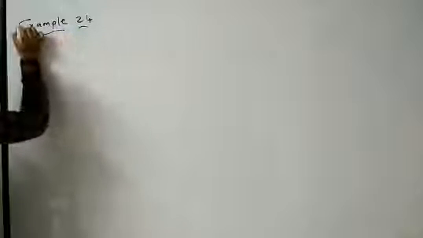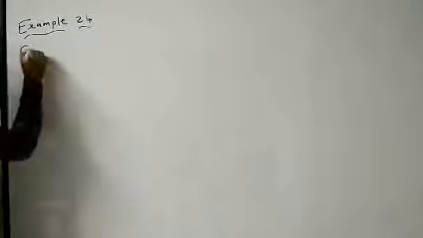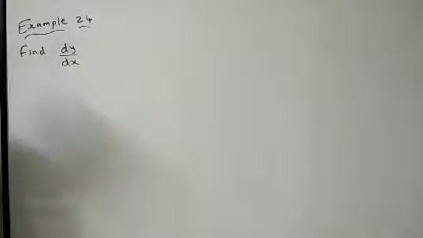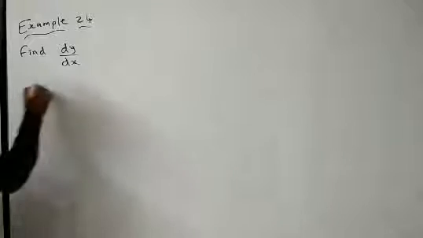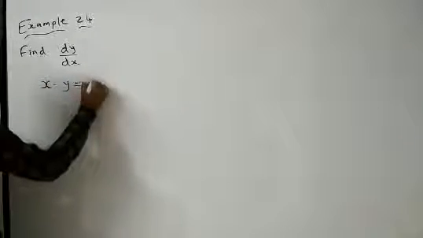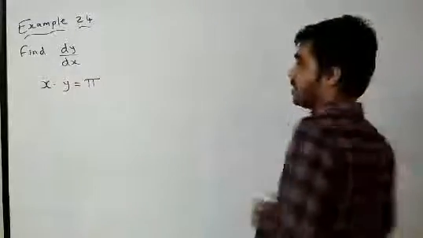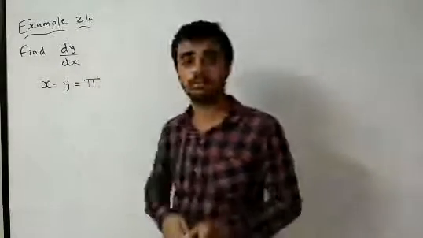Example 24. You have to find dy by dx, and it is given that x minus y is equal to pi. How to solve this?